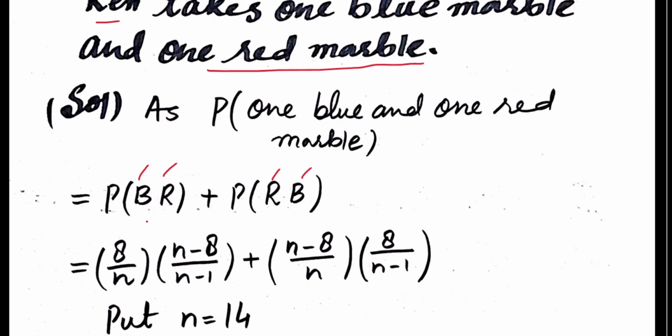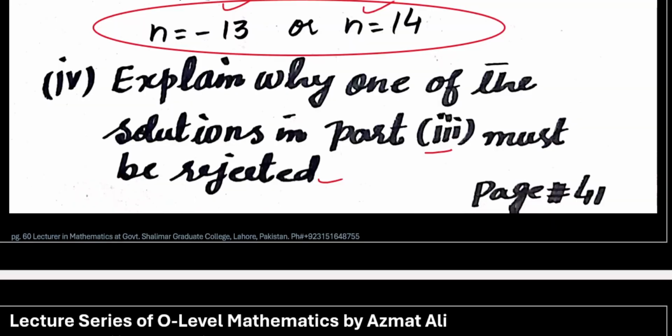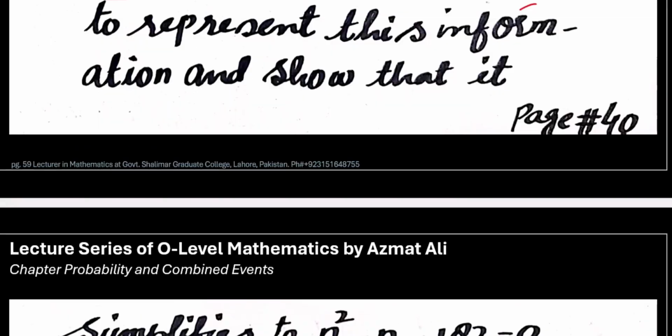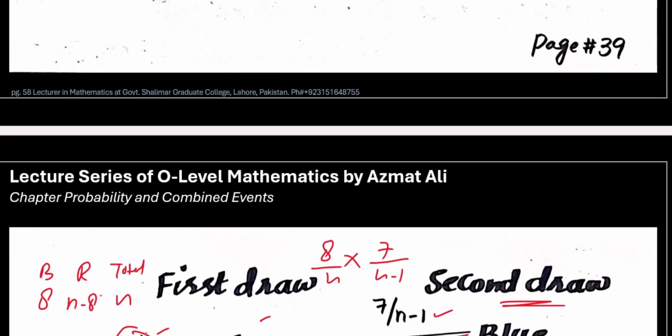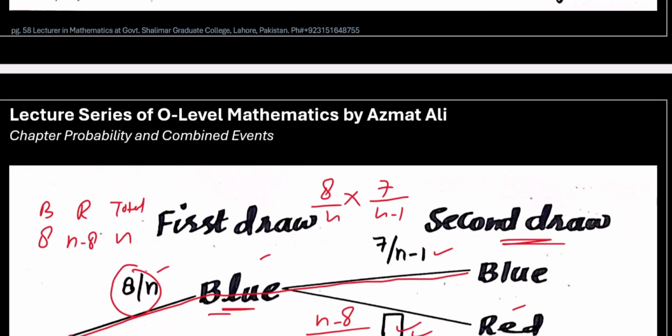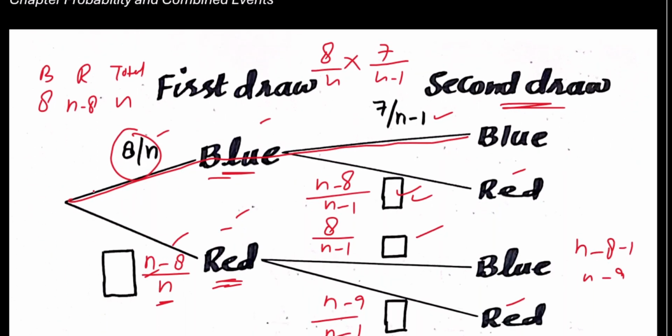If we move from blue to red, then from the tree diagram we move towards this branch. Blue is 8 by n, and red has the probability at second place n minus 8 over n minus 1.